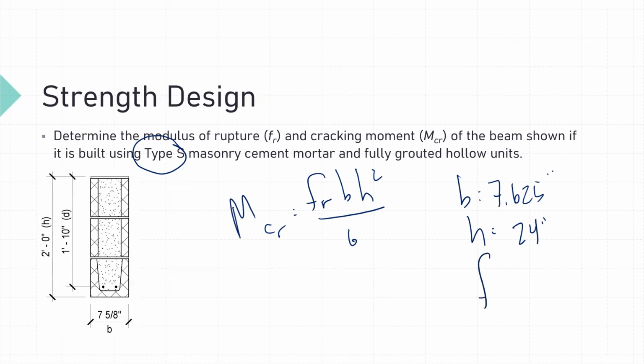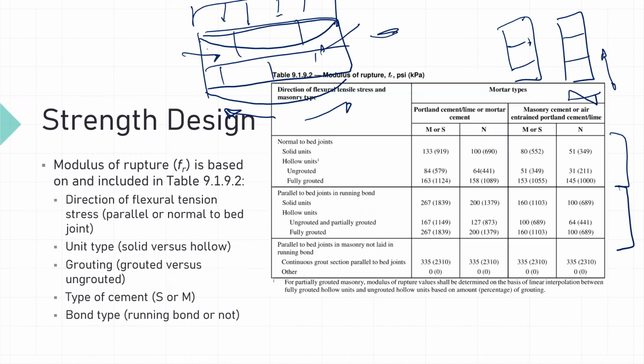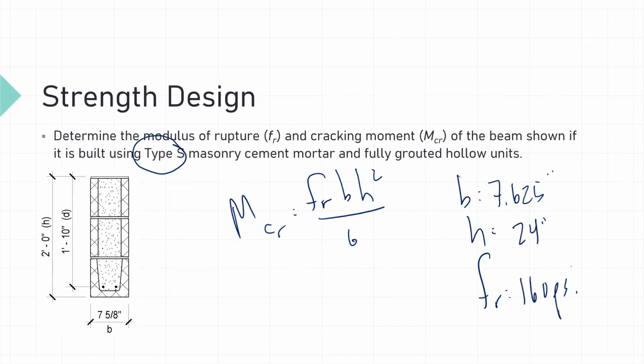We know our modulus of rupture is 160 psi from our previous slide. So if we go to type S masonry cement mortar, so that would be this column here, we are parallel to our bed joints and we have fully grouted hollow units. That means we are here, 160 psi. So that's where that comes from.